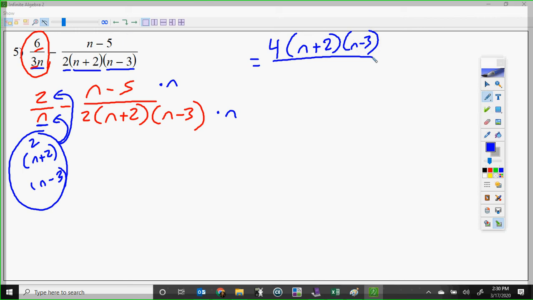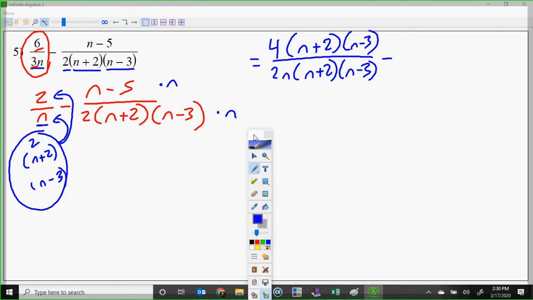And in the bottom, I have 2n, n plus 2, n minus 3, minus, well, on the right side, I have n times n minus 5, all over 2n, n plus 2, n minus 3.